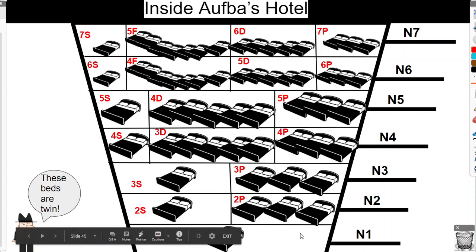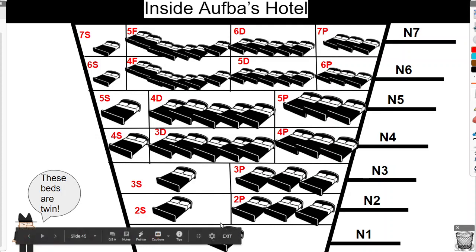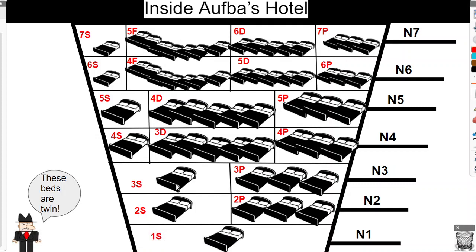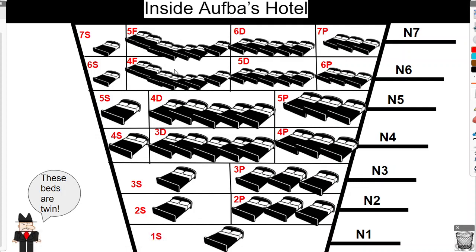So if you went into this hotel and you wound up getting placed in an S room, that would mean you'd wind up in a room that only has 1 bed. This is, like, the ideal room that you'd want to wind up in. Whereas if you wind up in a room with 3 beds, you're in one of the P rooms. Or if you're in a room with 5 beds, it's a D room. Or if you're in a room with 7 beds, you're in one of the F rooms.